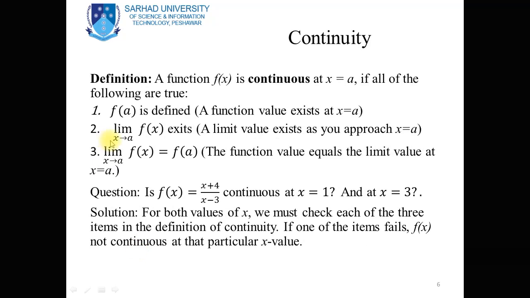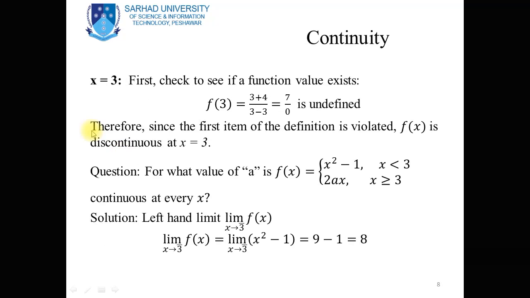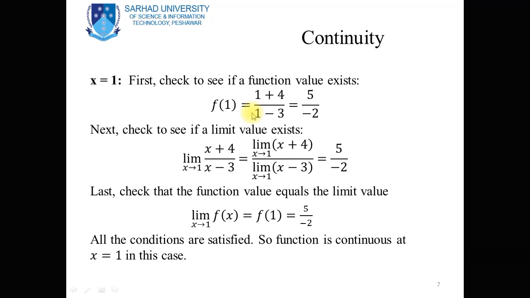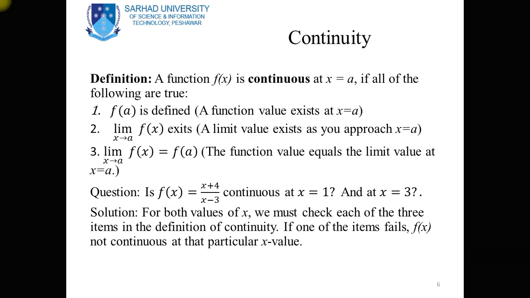Now we check the function continuity at x is equal to 3. First of all, put this value as a function value. So 3 plus 4, this is the value of x in the function x plus 4, and 3 minus 3. You see over here in the given question we have the function x plus 4 over x minus 3.